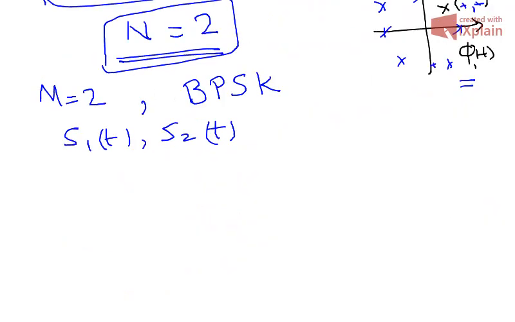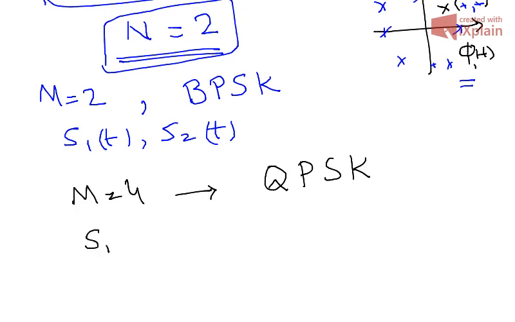And when capital M is equal to 4, then we have 4 phases, and we say it's QPSK, quadrature phase shift keying, and we have 4 different phases and 4 signal waveforms, S1 of t up to S4 of t.